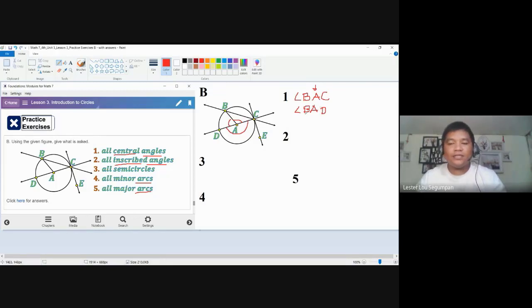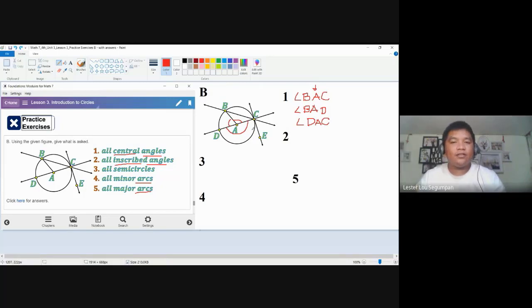You can simply interchange them as long as A, the vertex, is in the middle. And the last angle is angle DAC, or CAD. This name could also be true for the other side, nevertheless, it's already with this name here, so let's just stick with that. So these are the central angles.